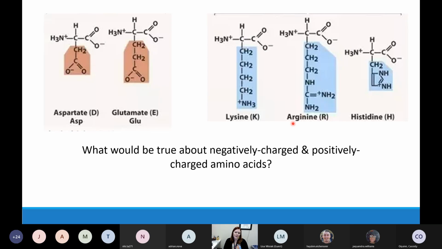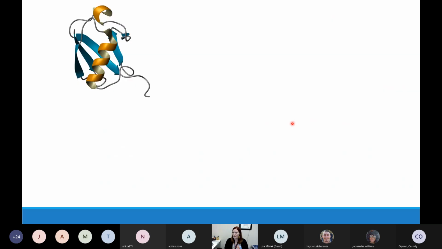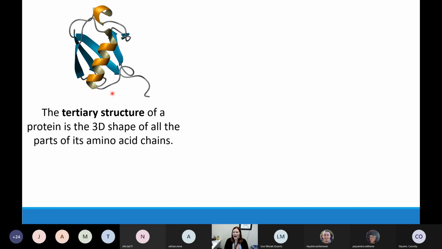So let's take these personality types and explore how that can contribute to my 3D shape. So explore what in proteins we call the tertiary structure. The tertiary structure of a protein is the way I go from being flat to having a 3D shape.